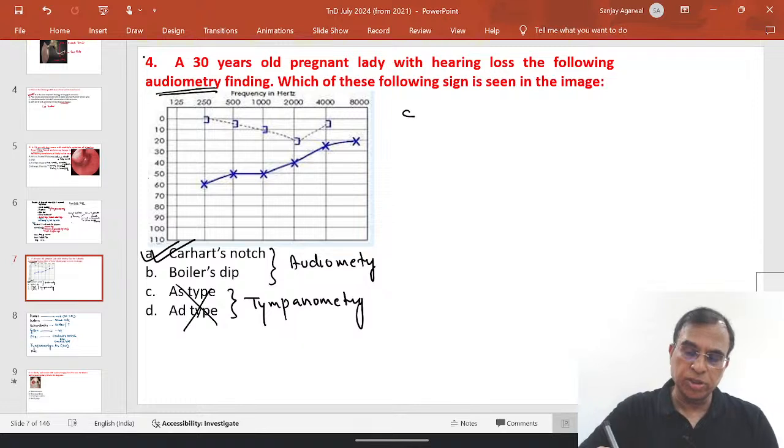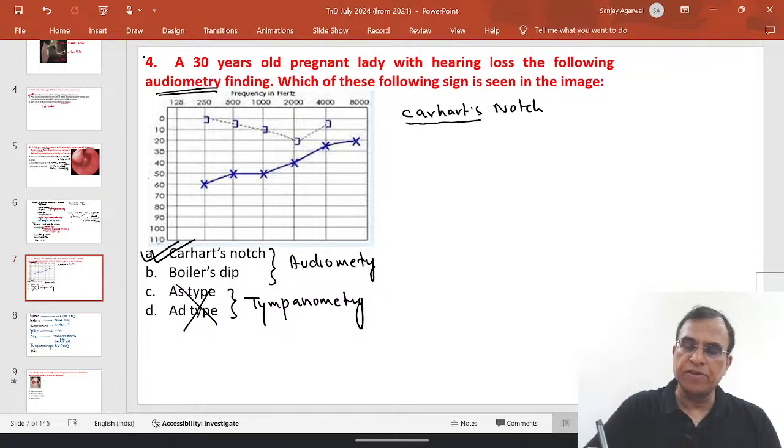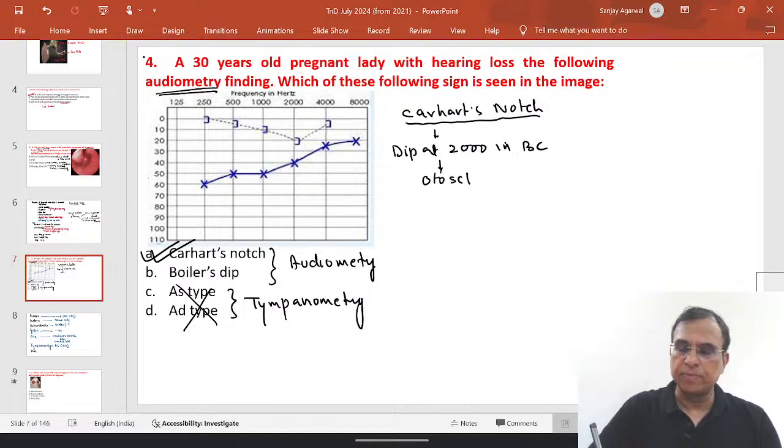In Carhart's notch, as many of us are saying, there is a dip at 2000 in the BC audiogram and it's seen in otosclerosis.